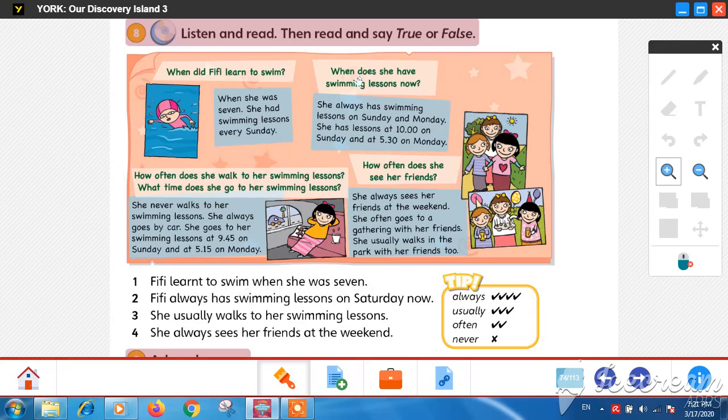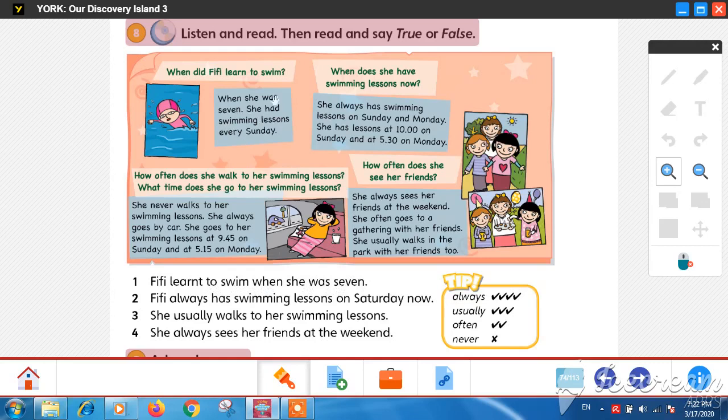Here the question is, when does she have swimming lessons now? So the question is about the time. Look, 10 o'clock on Sunday and 5:30 on Monday. Number 3. So do you think the first one is true or false? Fifi learned to swim when she was 7.